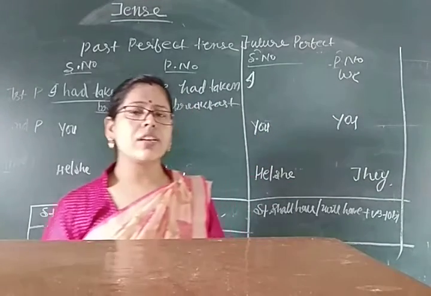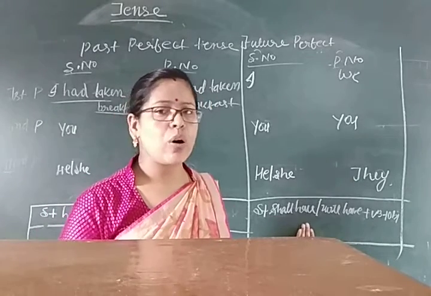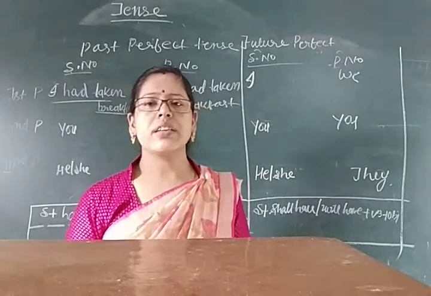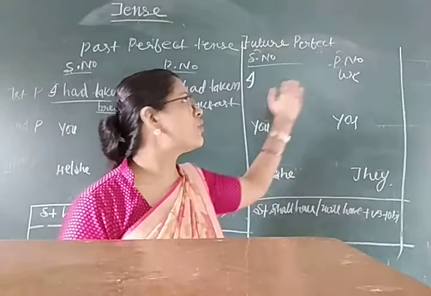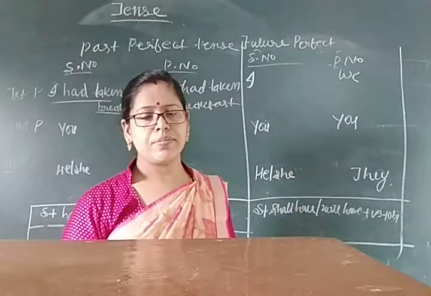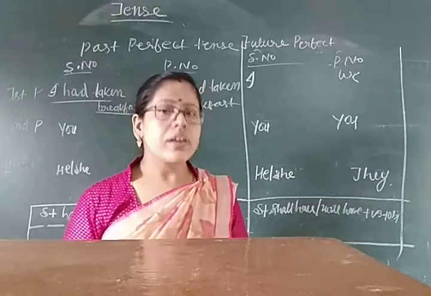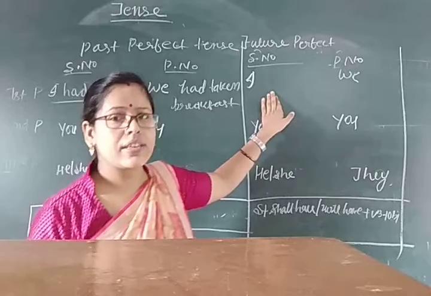If anywhere you are getting this structure, subject plus shall have, will have, plus V3 plus object, then definitely the sentences are examples of future perfect tense. Alright, now you need to learn here like we will use shall as we know that.